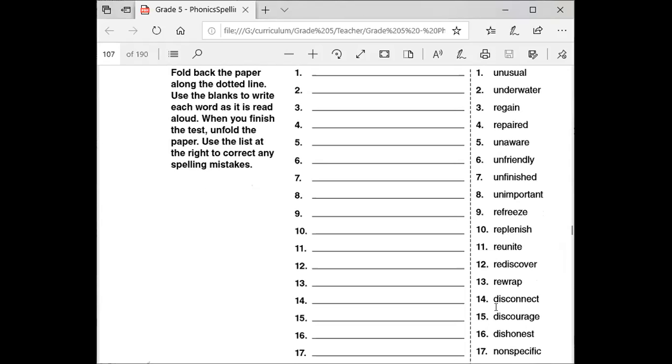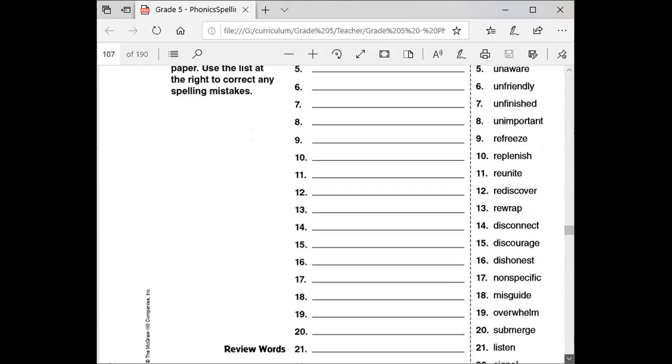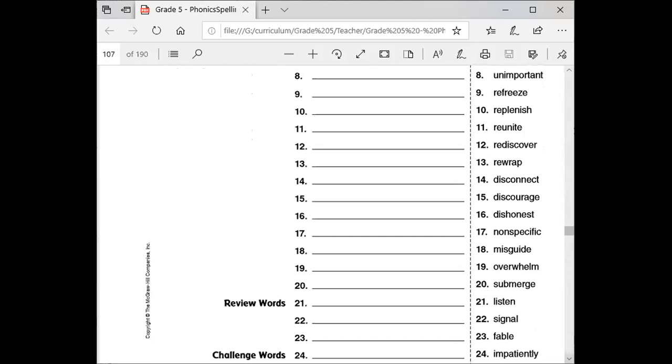Now, another prefix here, disconnect. You have dis, which means remove or not, the same as the prefix un, plus the word connect. Also the prefix non, which also means not, with a similar meaning to the prefixes mis, dis, and un.